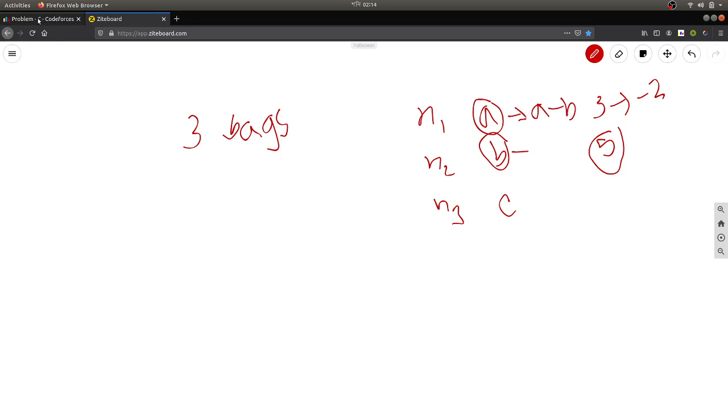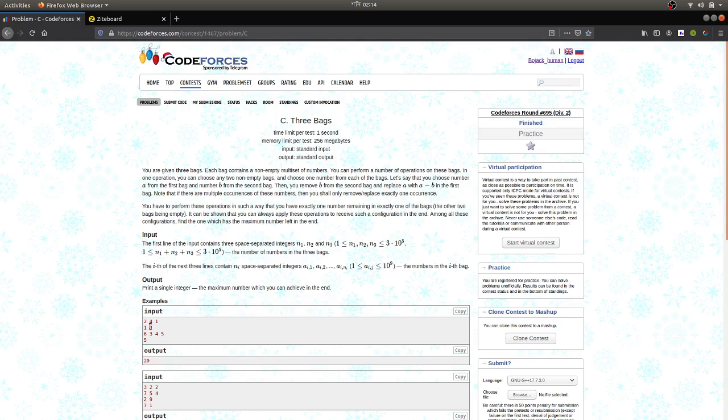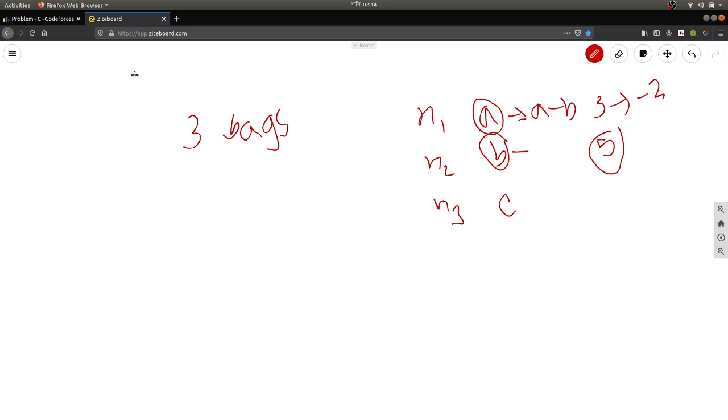Suppose, let me explain the second test. In the second test they have 3 items in the first bag, 2 items in the second bag, 2 items in the third bag.